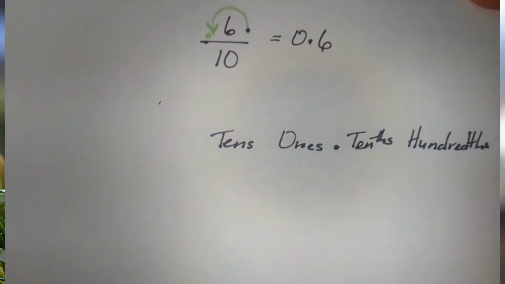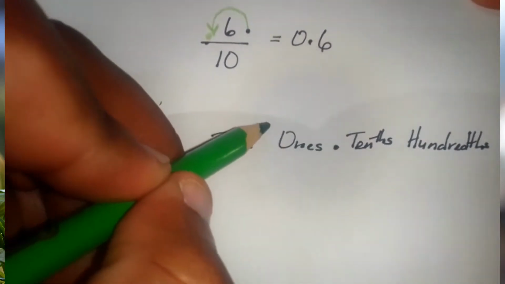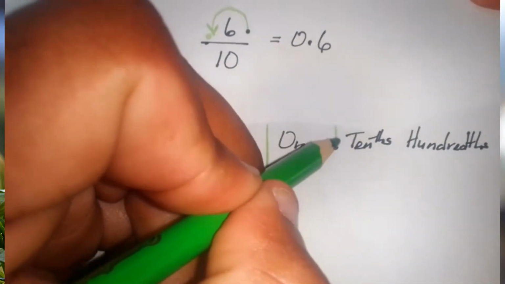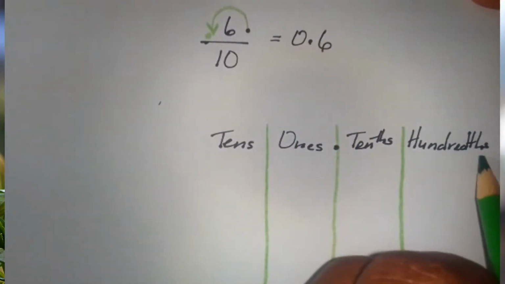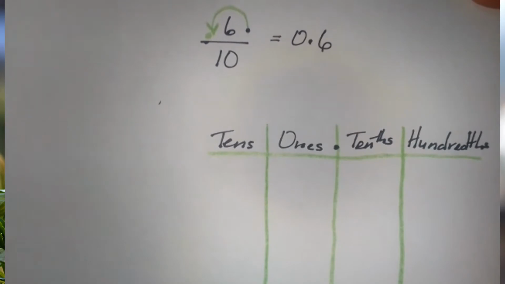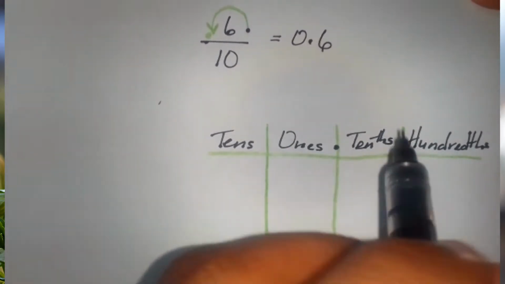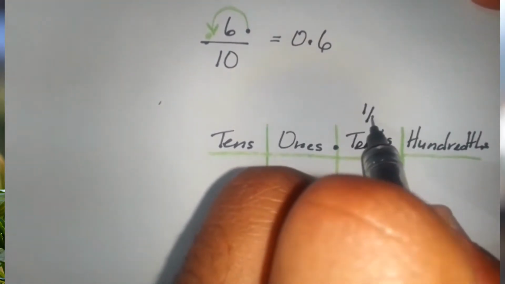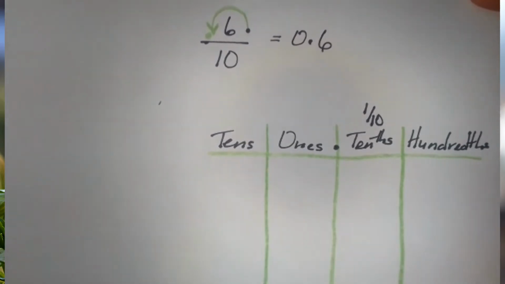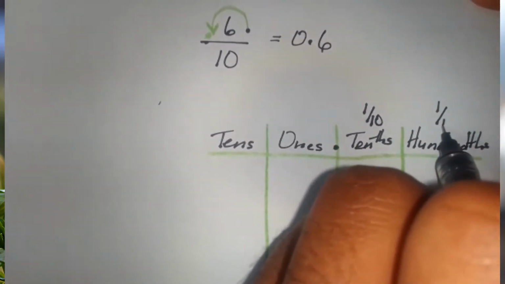And I'm going to use my lines to separate the columns. So the tenths is 1 out of 10. The hundredths is 1 out of 100.